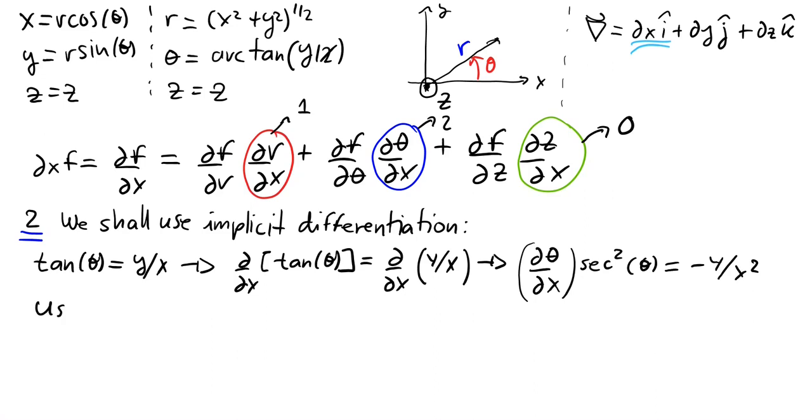We can now use the trigonometric identity that the secant of theta squared is 1 plus the tangent of theta squared. This is because we know that the tangent of theta is y divided by x. So now we can easily solve for the derivative of theta with respect to x.